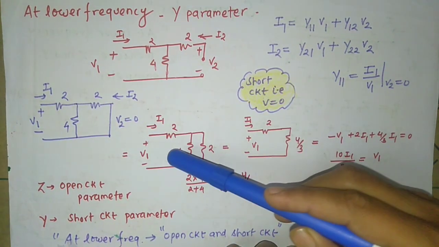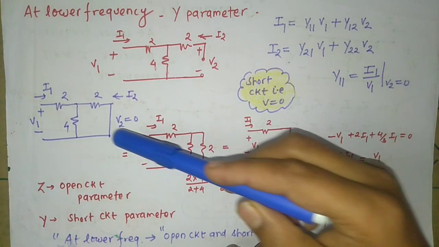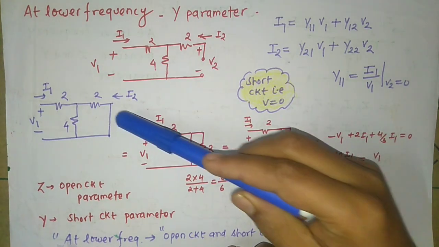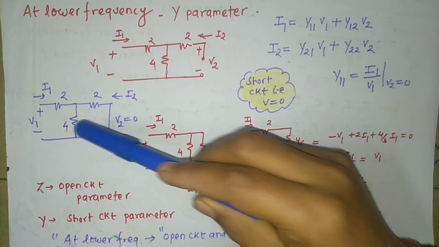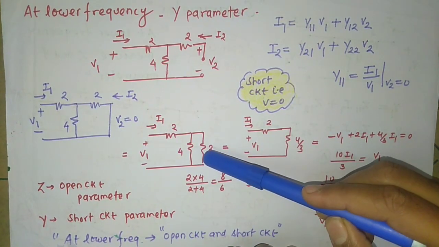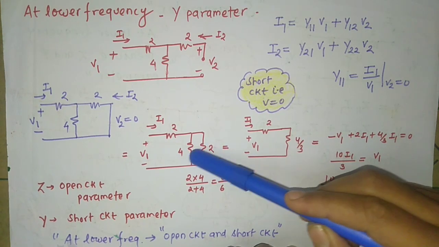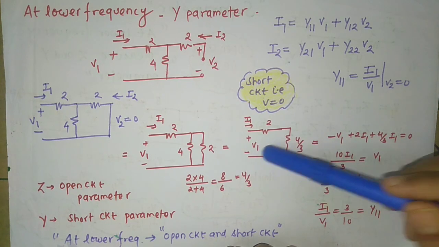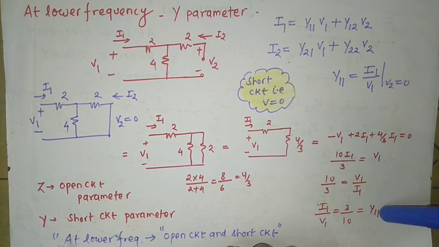Then we try to find the value of Y11. If you create a short circuit, then the 4 and 2 ohm resistors will be parallel to each other. If we solve it and apply KVL, then you will calculate Y11.